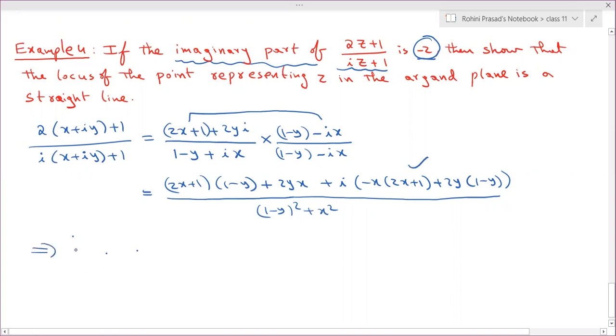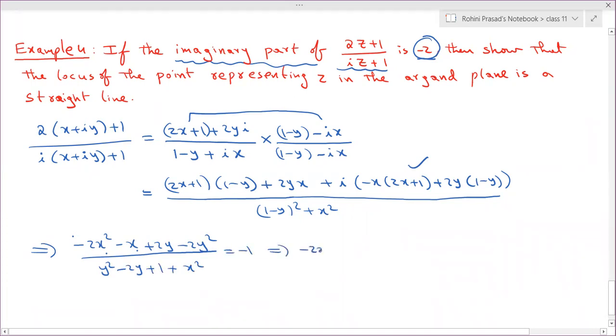That implies, so the minus 2x square minus x plus 2y minus 2y square by y square minus 2y plus 1 plus x square equal to -1.